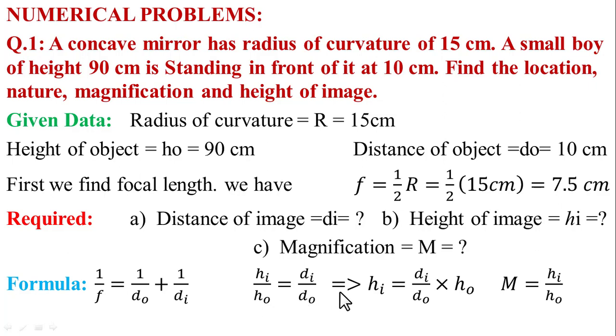This implies that hi is equal to di over d naught multiplied by h naught, and magnification m is equal to hi over h naught. So using these formulas, find the required data.